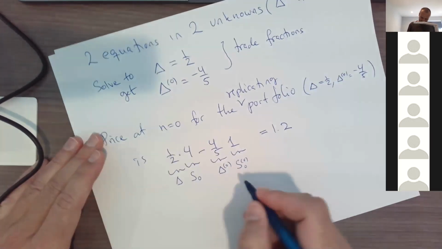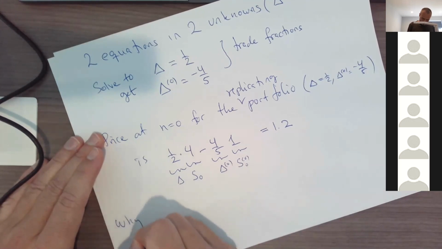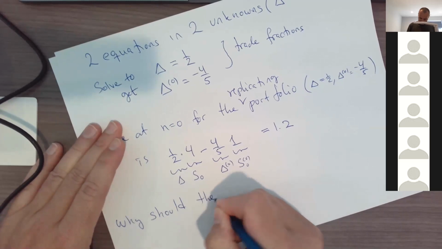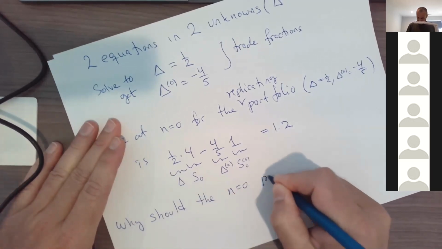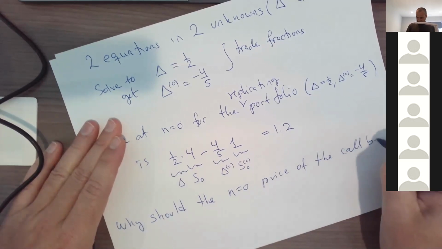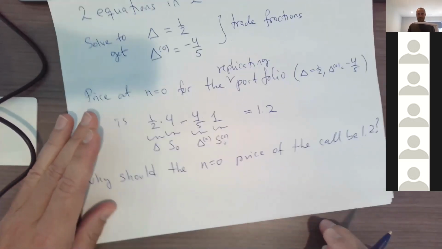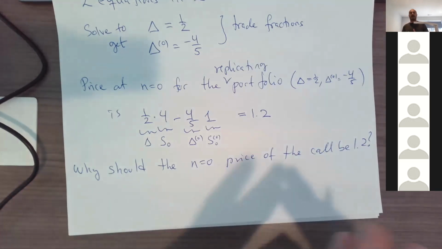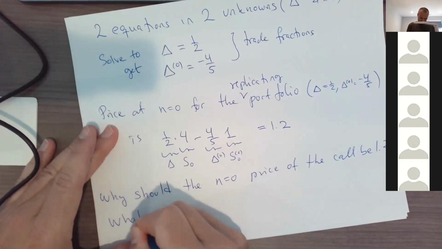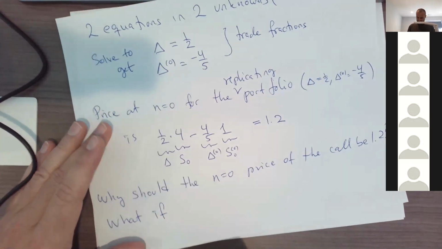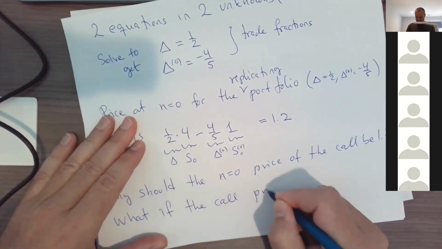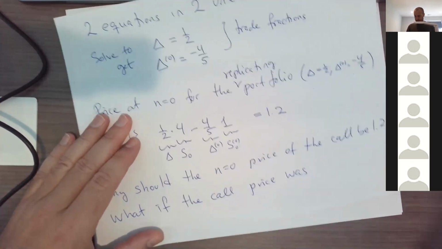So why should the time 0 price of the call be 1.2? Well, pick a number that is not 1.2. So what if the call price was 2?